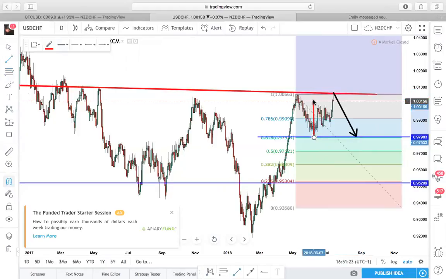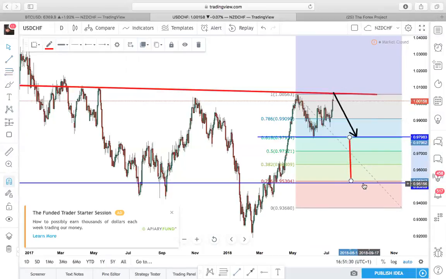So if we measure to there, to the top, and we move it down, it comes out perfectly to this bottom support line. So all in all, I think there's a very, very strong chance we're going to drop all the way down to here. Now, this is the daily, so keep in mind this can take quite some time.